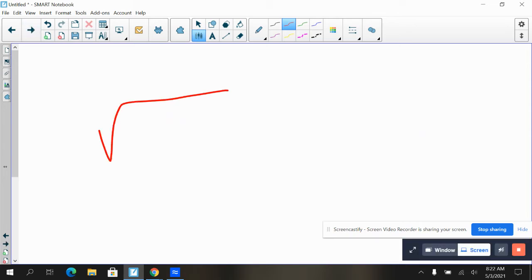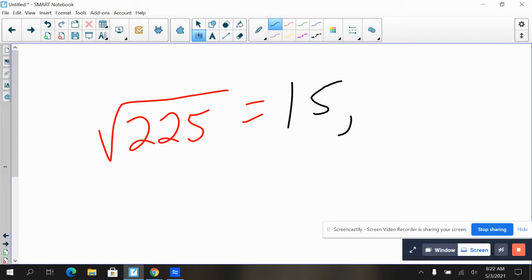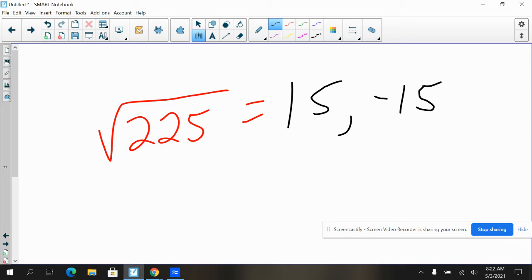Same thing here. You got 225. I'm just making you aware of this, there is an opposite. 15 and negative 15 are possible roots of the square root of 225.